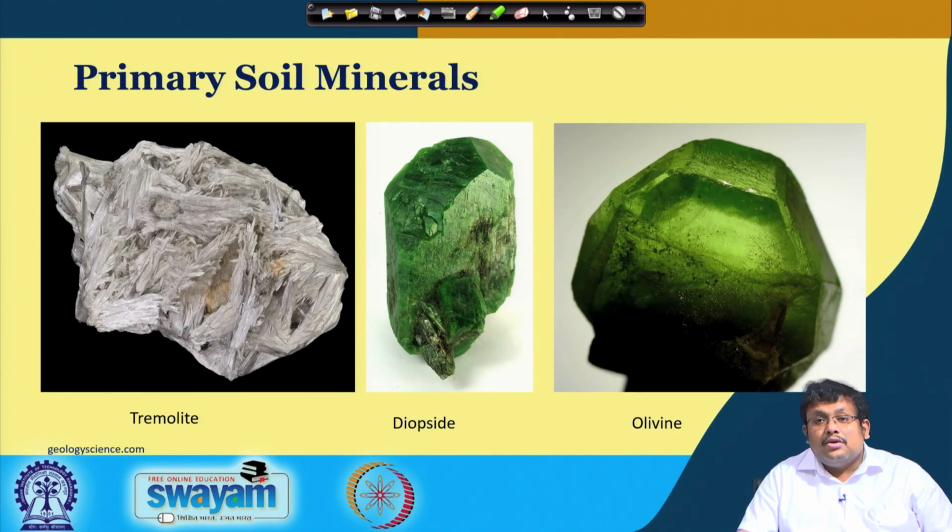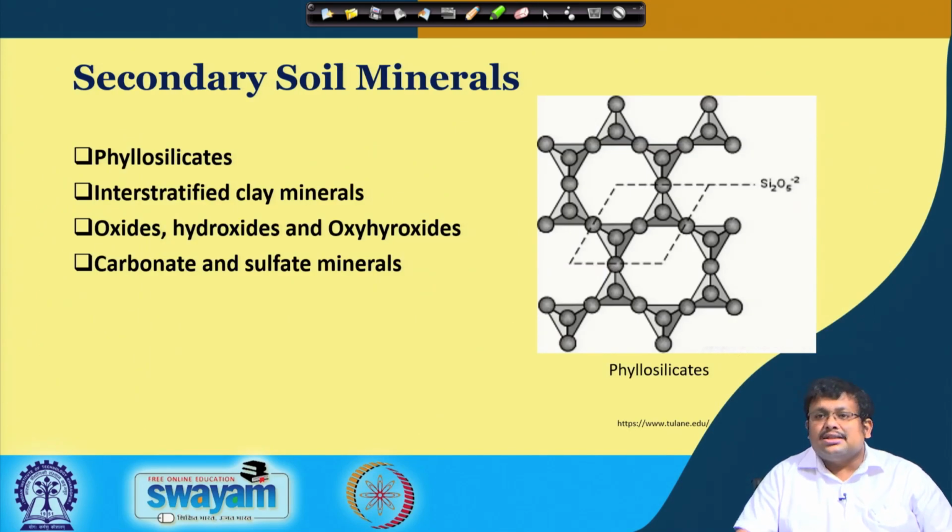And whenever we go from the primary minerals to the secondary soil minerals, the chemical nature gets changed. Remember, these primary minerals maintain their chemical composition irrespective of their size. They maintain their original chemical composition from the rocks from which they developed.